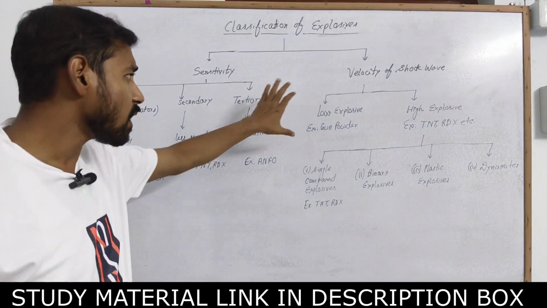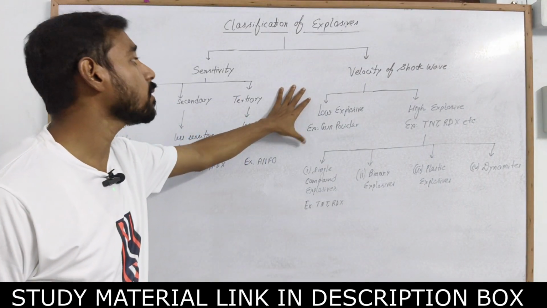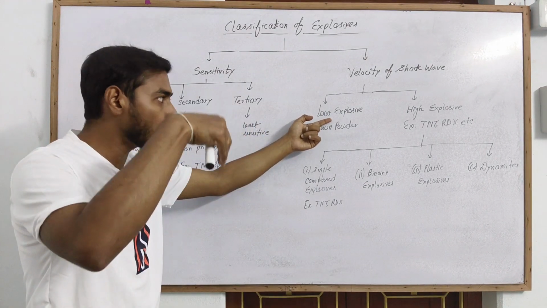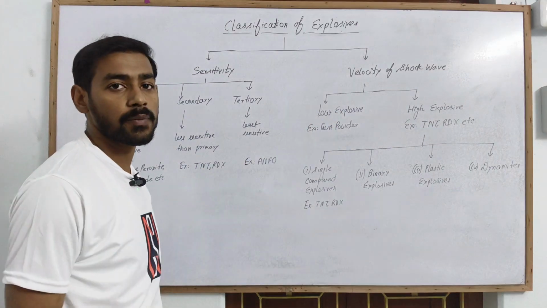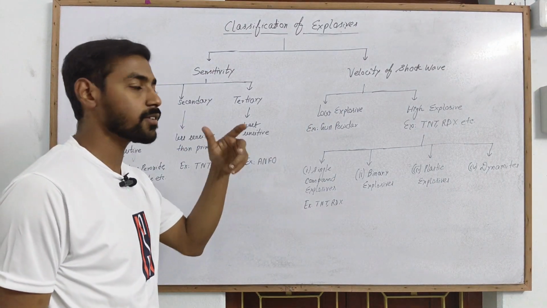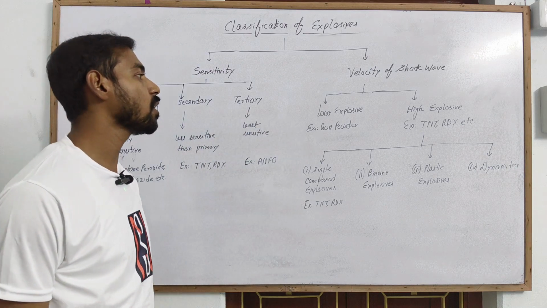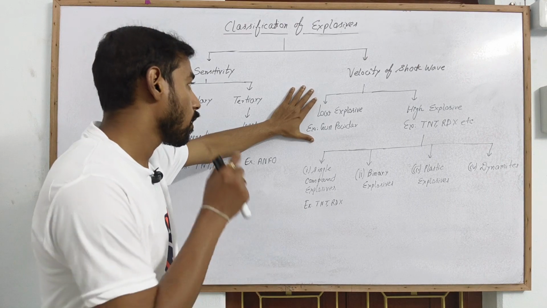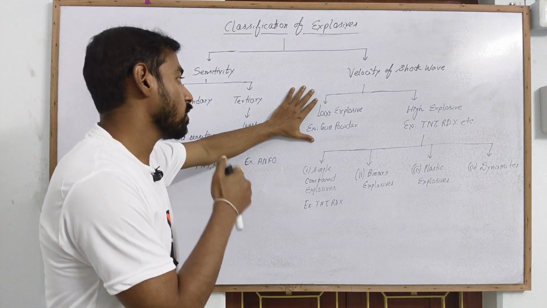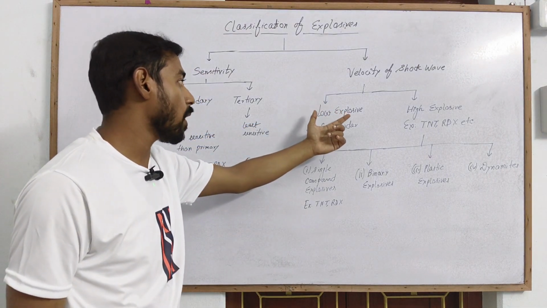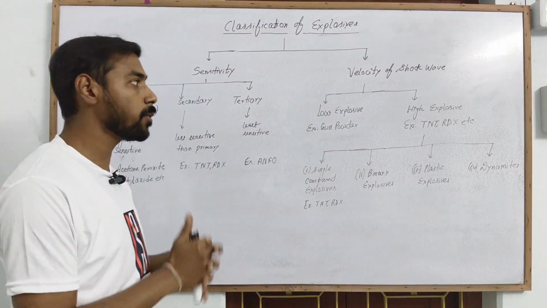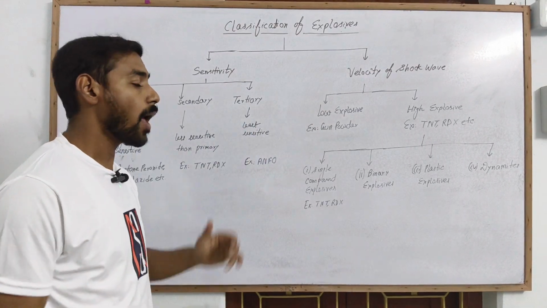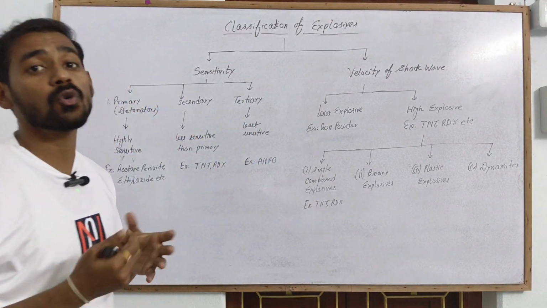The characteristic of low explosive is that the reaction starts at the surface of the explosive and then it travels inside at a rate of 20 to 25 centimeter per second. Through the burning of these explosives, whatever gases are produced will be dispersed readily without building up pressure, and therefore the explosive can be controlled easily.